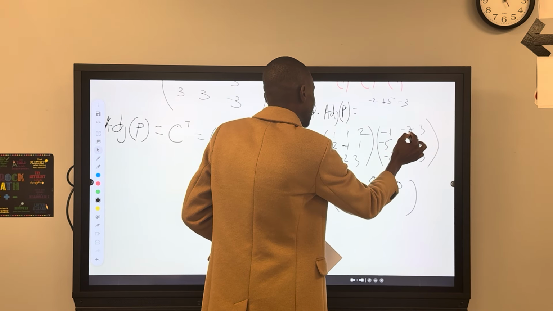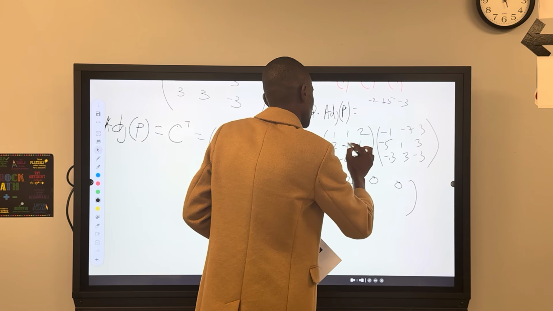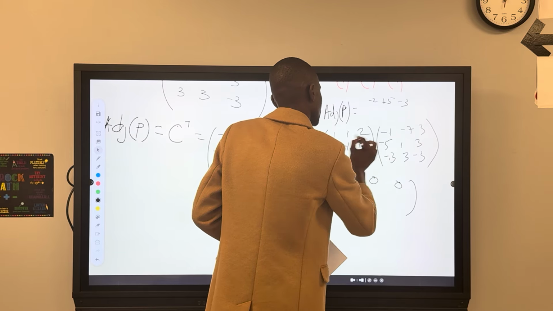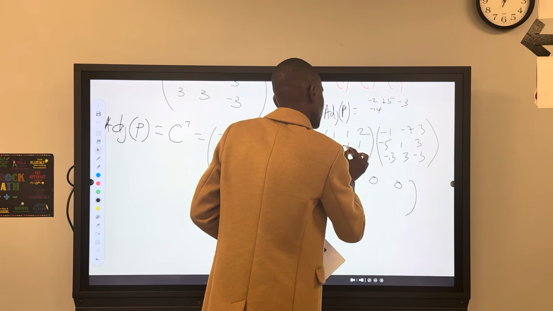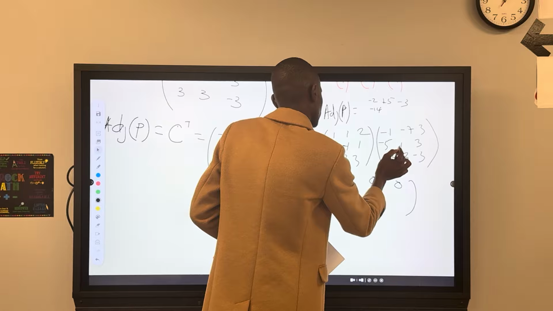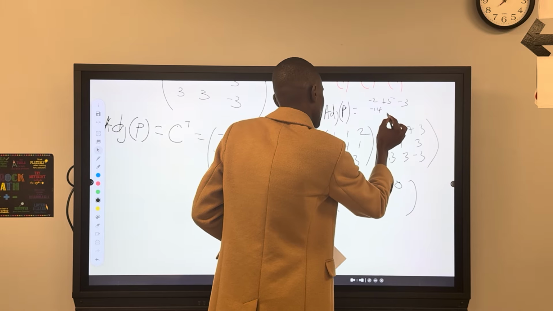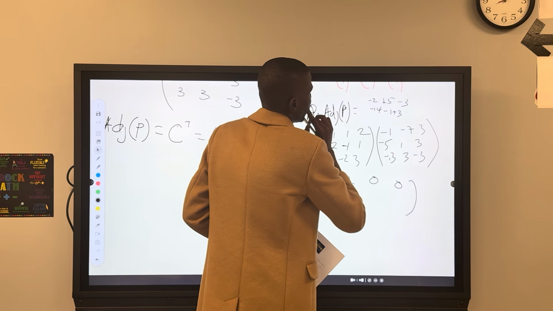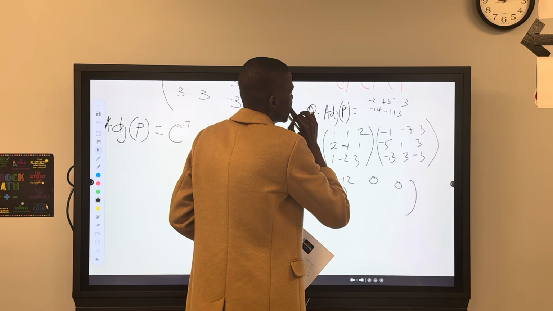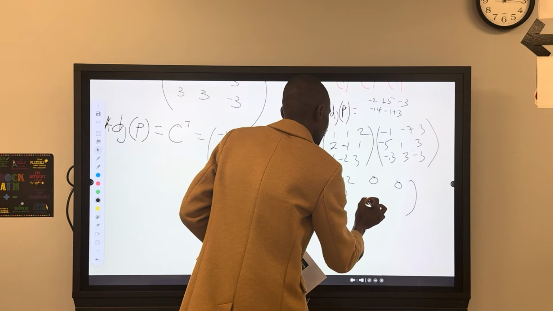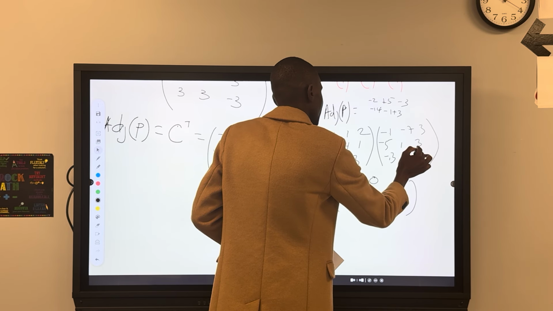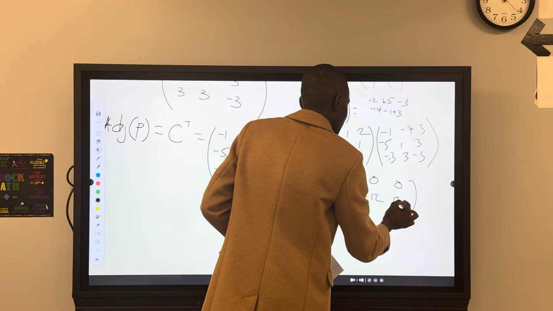Then this is -7, -2 times this, row by column. So this is -14, -1, so that's -1 plus 3, which is -15 plus 3, that's -12. Then 6 minus 3, that's 3, minus 3, that's 0.